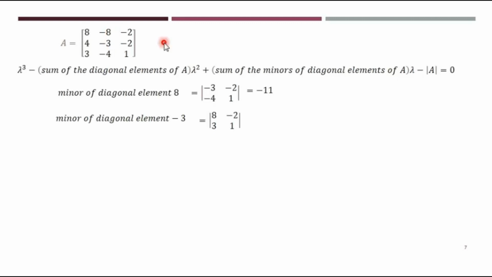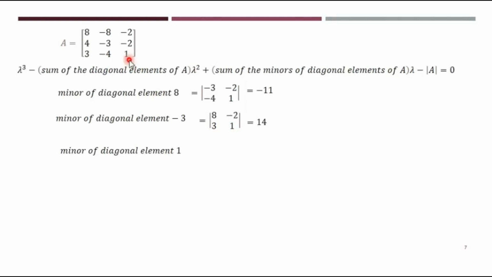So leave out the second row and second column. What remains? 8, -2, 3 and 1. Calculate the determinant of this. So 8 plus 6, that becomes 14. Yes, 14, correct. Then we have to calculate the minor of the next diagonal element, which is equal to 1.